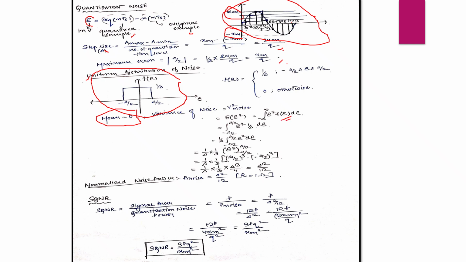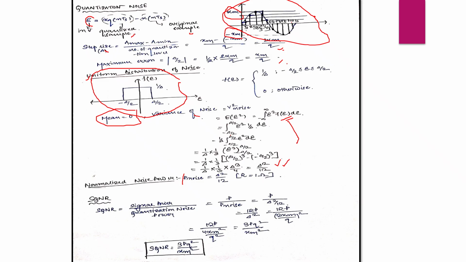We write the formula and then limit the integration from minus delta by 2 to plus delta by 2, and then we complete the integration. We get that the variance of noise is delta square by 12, and from that we get the normalized noise power, P of noise, which is delta square by 12 when the value of resistance is 1 ohm.